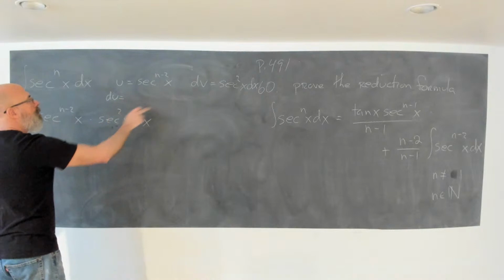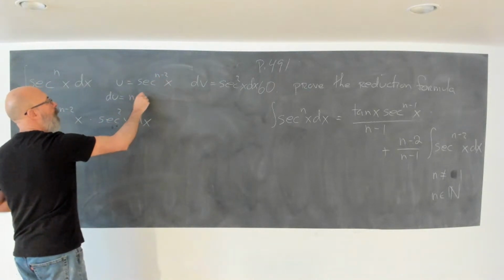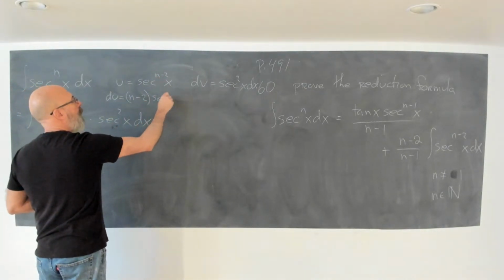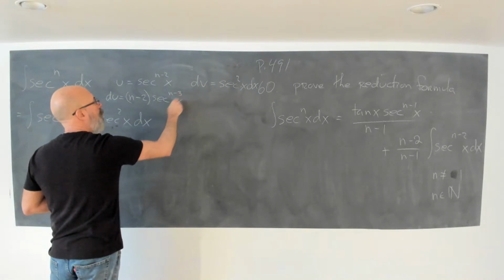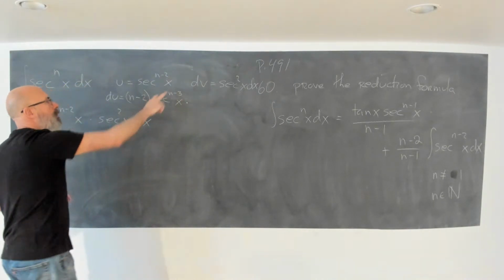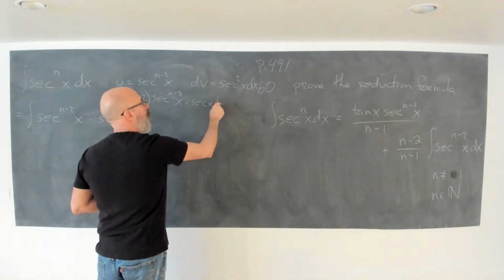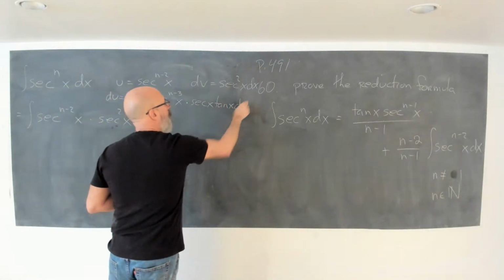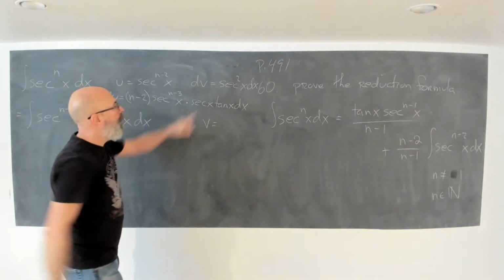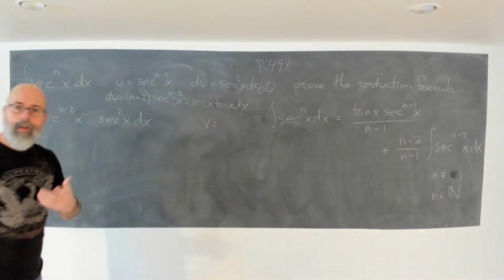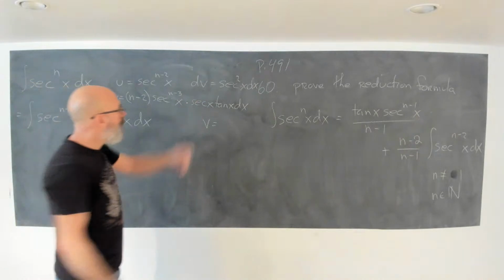So in that case, the derivative is n minus 2, secant to the n minus 3, times the derivative of the inside. Derivative of secant is secant tangent. And if dv is secant squared, the antiderivative is tangent.